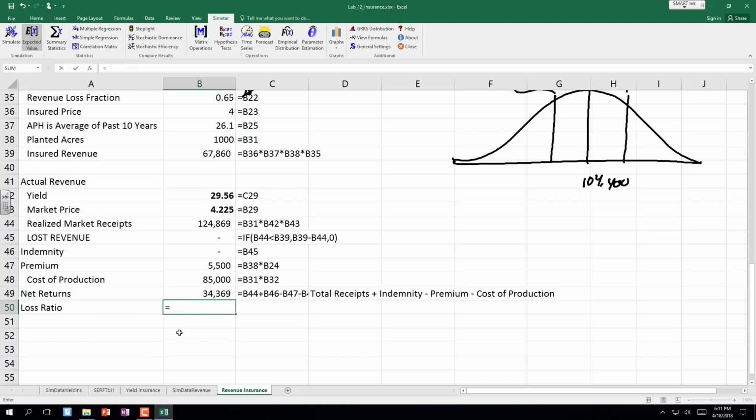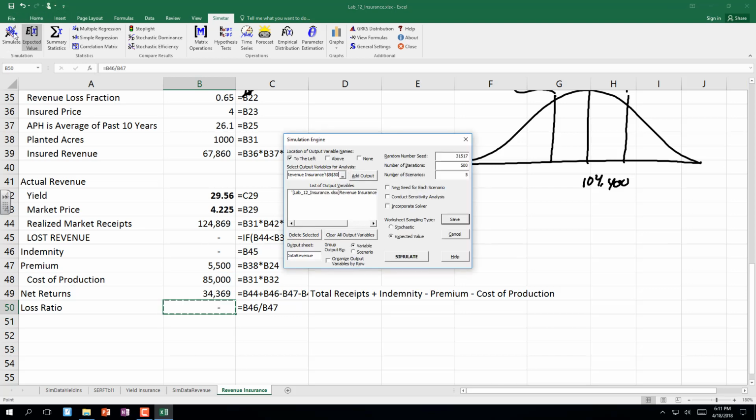And it's going to equal indemnity divided by the premium. And I'm going to add that to my output variable, going to simulate. Okay.